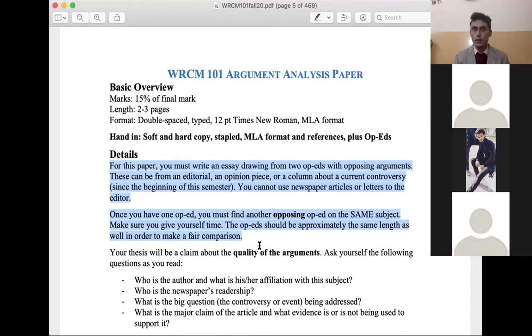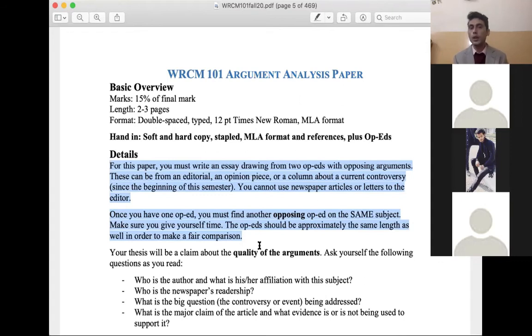Now, in the case of this example, both editorials are on a similar topic, and the topic is climate change. But they have opposing arguments, an opposing claim about that particular topic. One editorial says climate change is a myth.